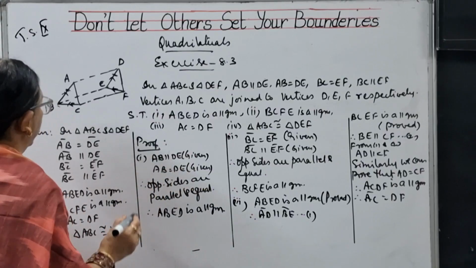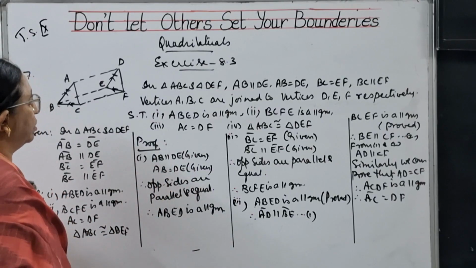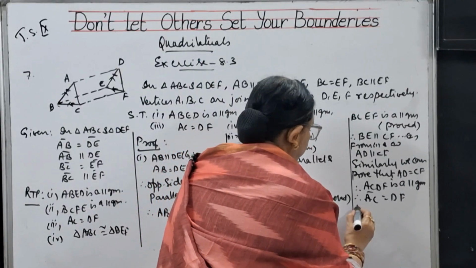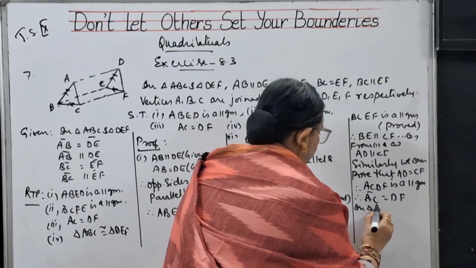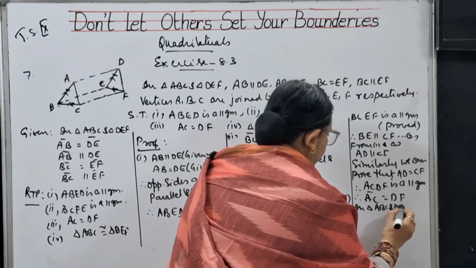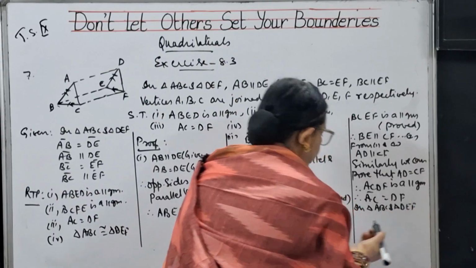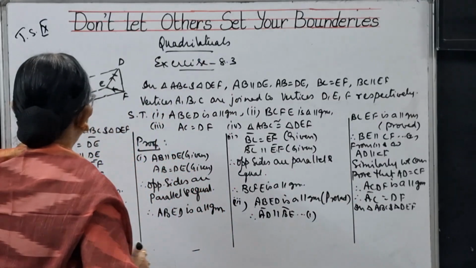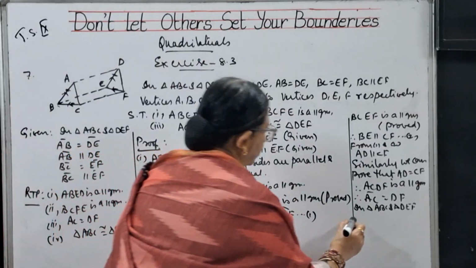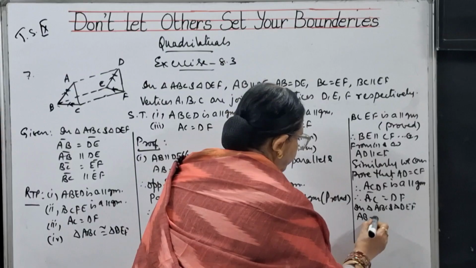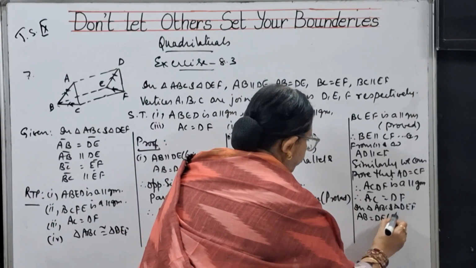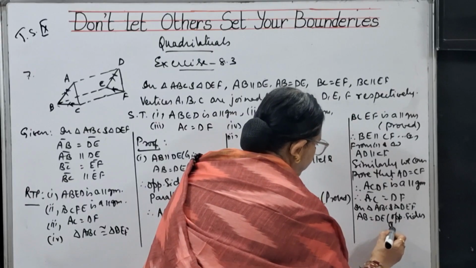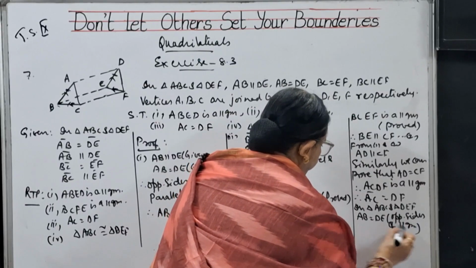Now the fourth bit, triangle ABC is congruent to triangle DEF. So in triangle ABC and triangle DEF, in these two triangles, AB is equal to DE, opposite sides of parallelogram.